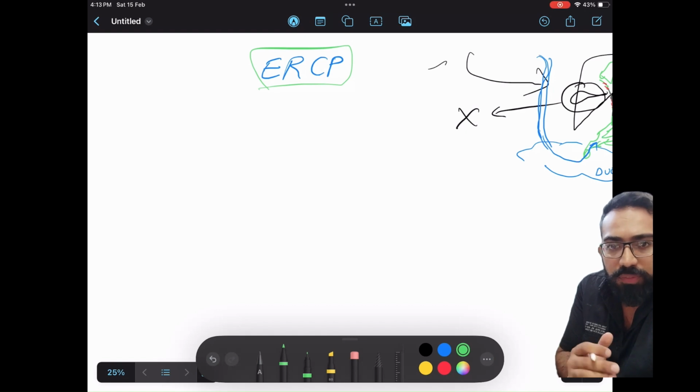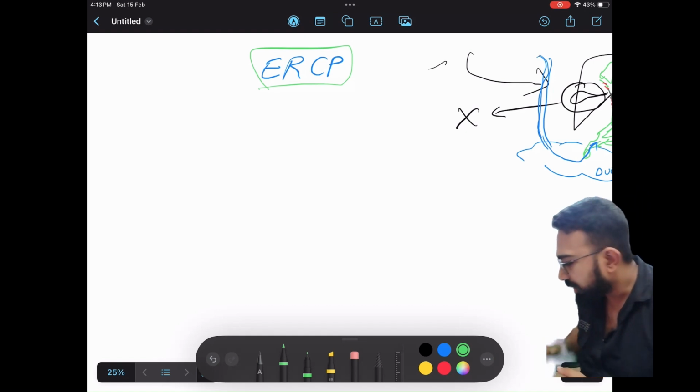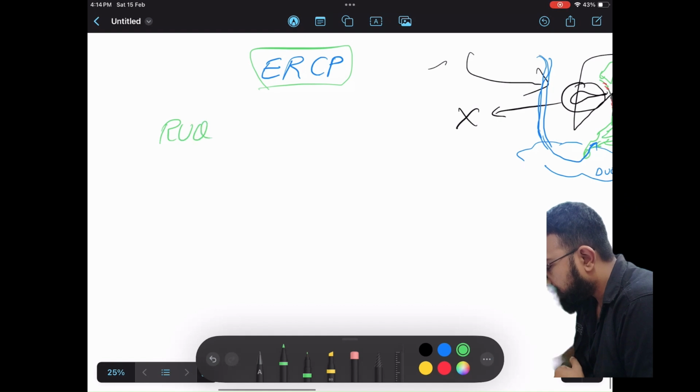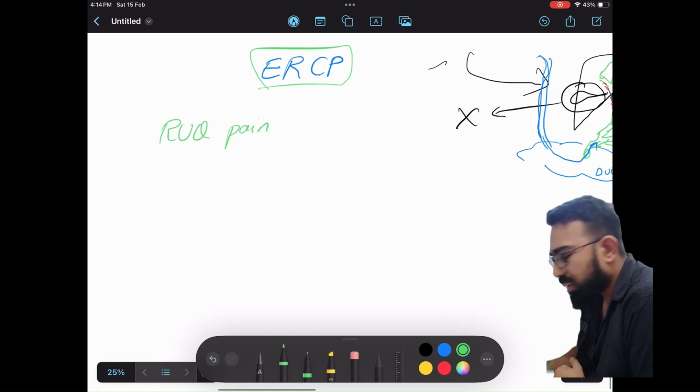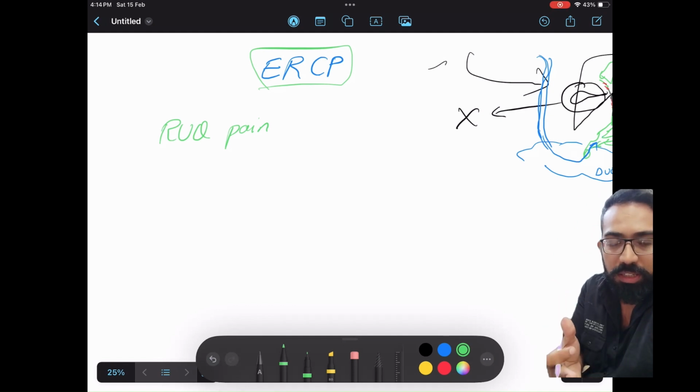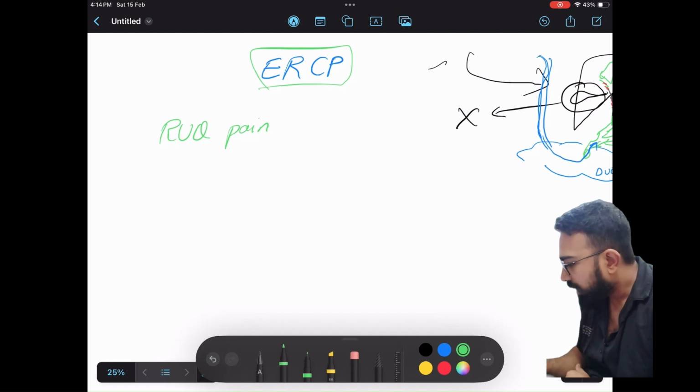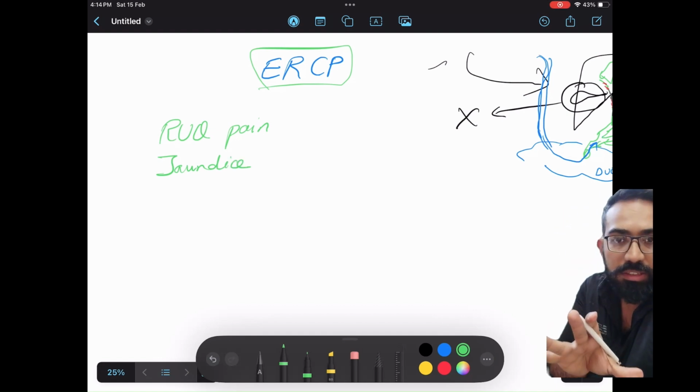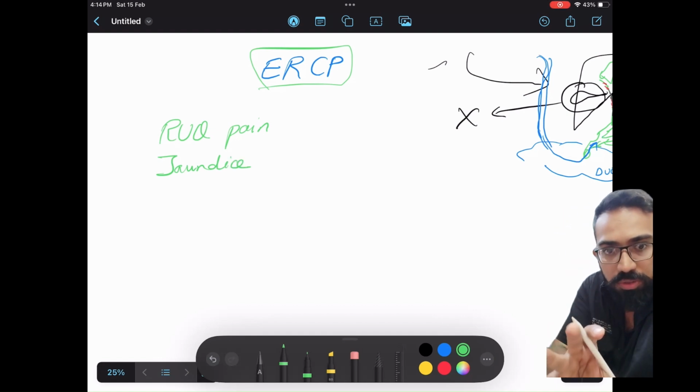After 2 days, 3 days, 5 days, he develops right upper quadrant pain. I am saying it again and again: right upper quadrant pain. All these biliary system disorders have right upper quadrant pain, and jaundice. Most of the conditions I have spoken about till now also have jaundice.